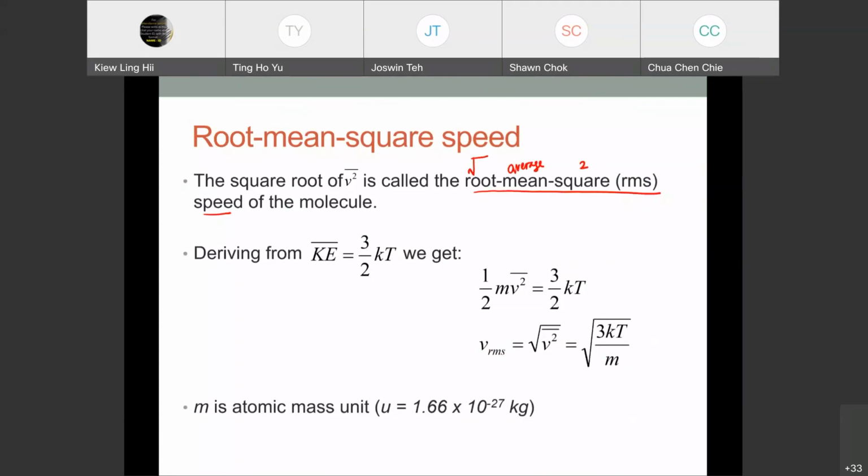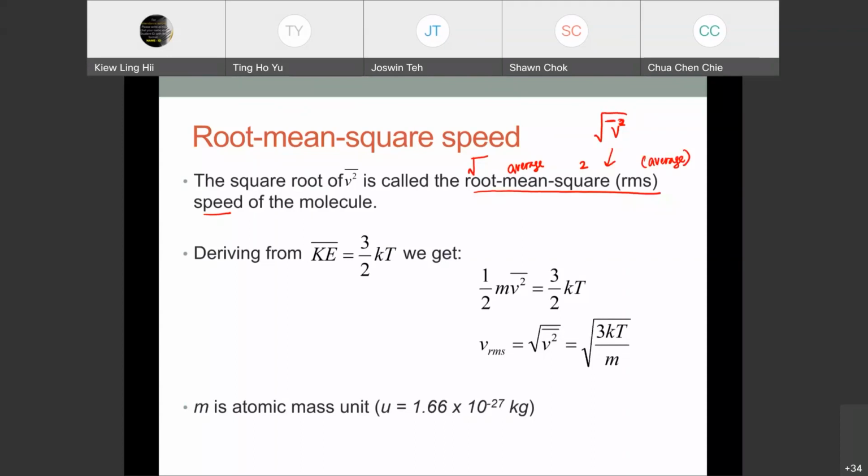So whenever we have something like the average, this means the average of the speed. When we take the square root of the average of the square of something, this is what we call root mean square. It is another term for average values, but it only applies when you take the square root of an average of squares.